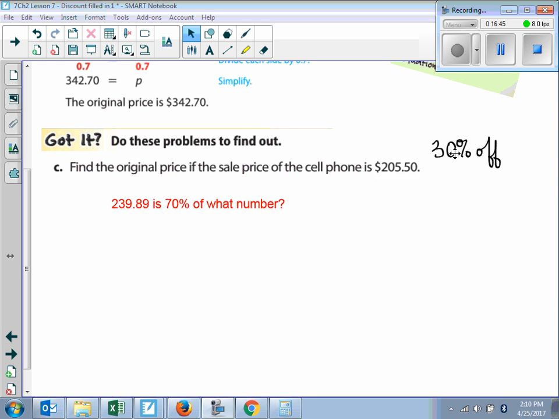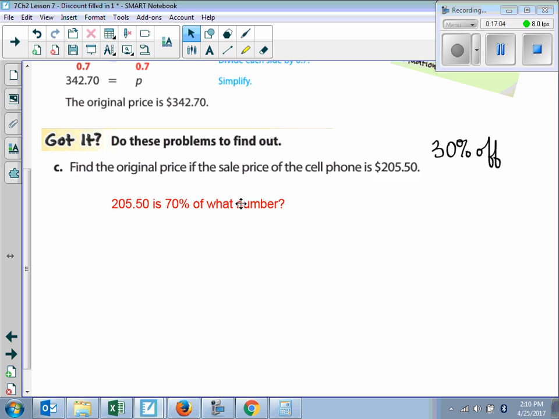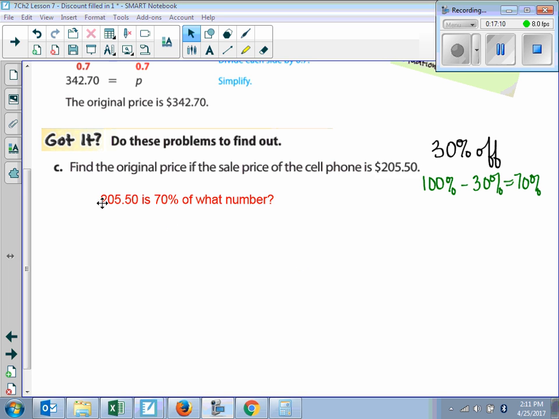Is everybody clear with that? So this would be $205.50 is 70% of what number? And that of what number, that would be the original price. So now we can write our percent equation.